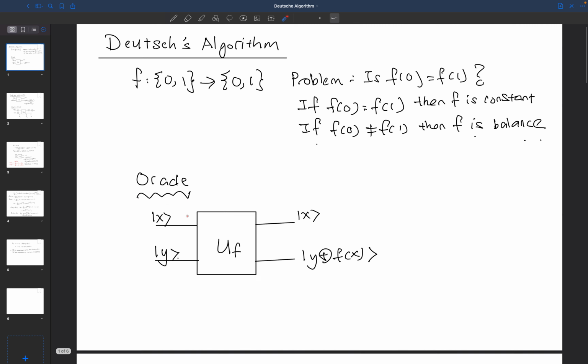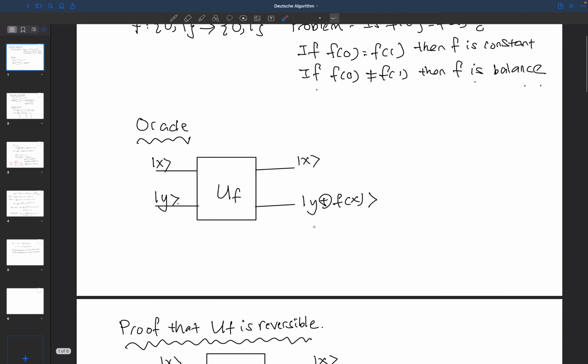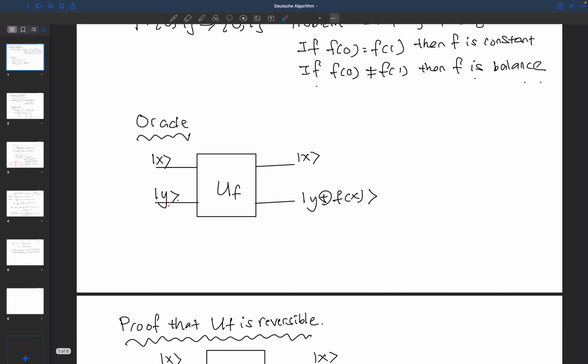We have a unitary matrix over here. We have two inputs. The first output will be the same as the first qubit, and the second output for the second qubit will be given by y plus f(x).